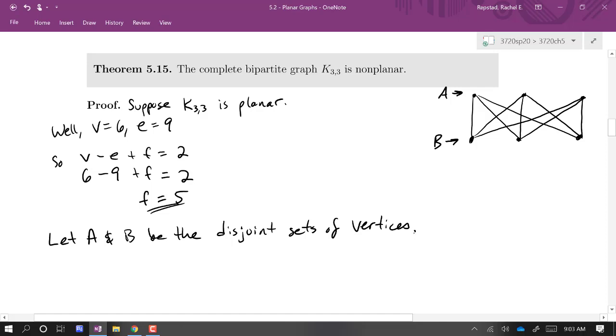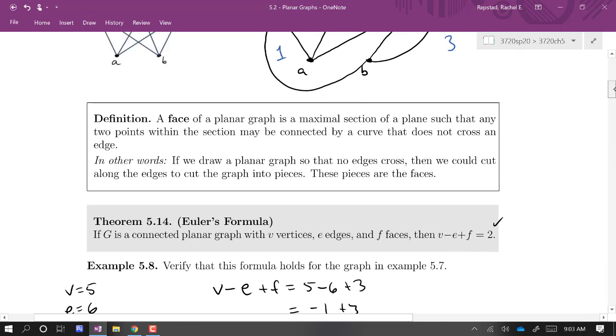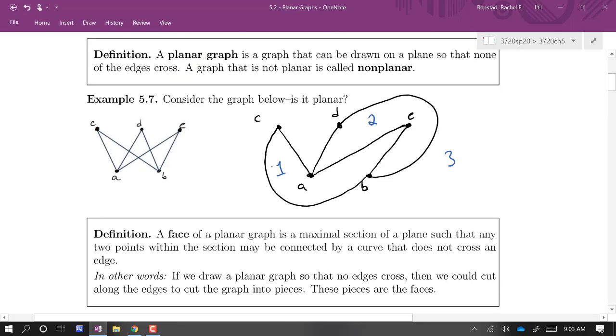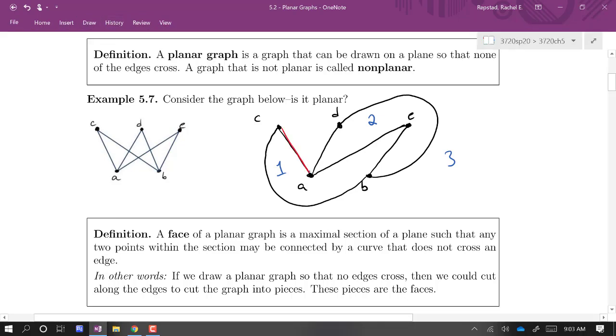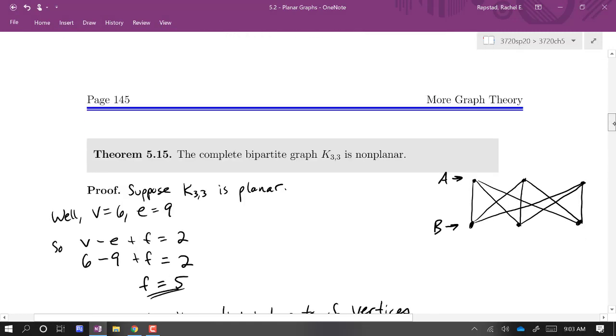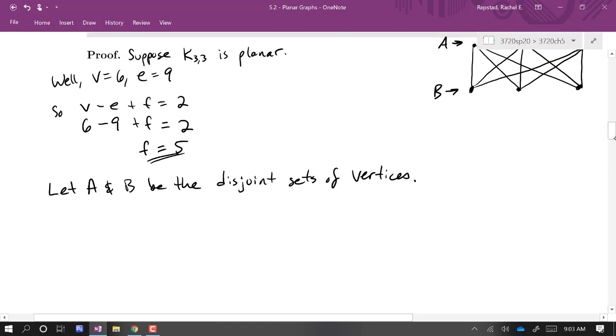I'm going to scroll up to the example that we just looked at. If I look at the first face here, in order to make that face it had to be bordered by these edges that make a cycle, right? So having a face means that we have the existence of some kind of cycle here.